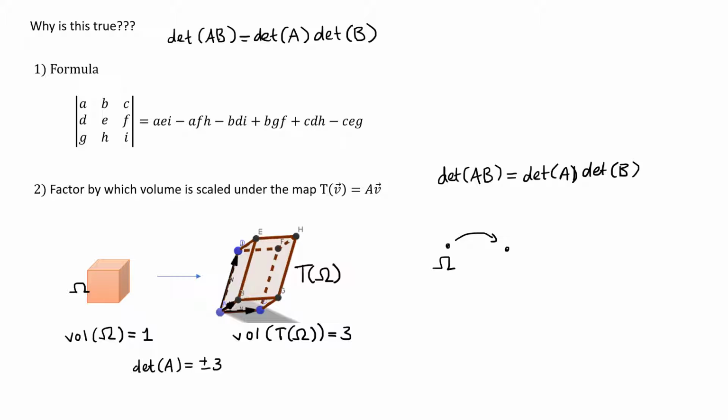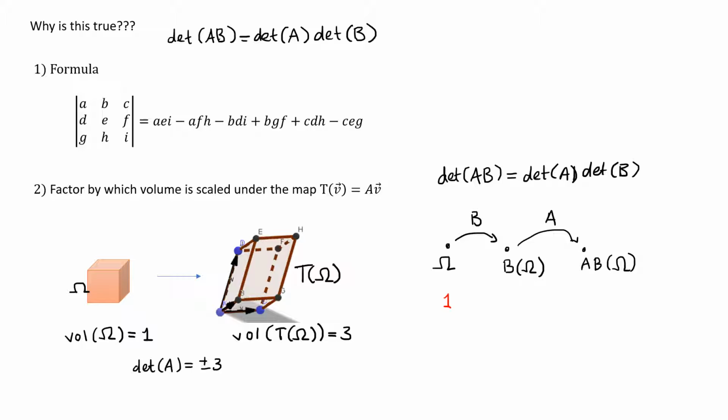We start out with omega, and we're going to calculate its image, B of omega, by multiplying every vector by the matrix B. Then we're going to multiply each of these vectors by the matrix A, producing AB of omega. What happens to volumes?